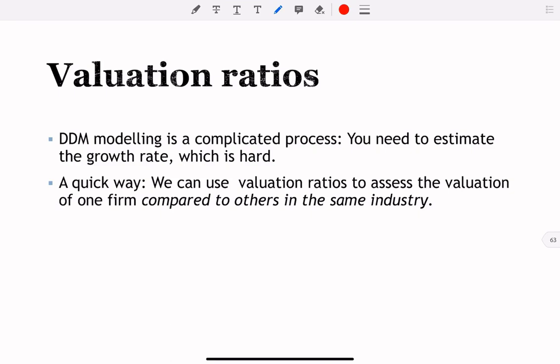So why are valuation ratios so popular? Well, because they're really simple, right? They give you a very rough idea whether this firm is overvalued or undervalued without dealing with growth rate, the estimation of the cost of capital, and the estimation of future dividends, right? So it's a very simple process.